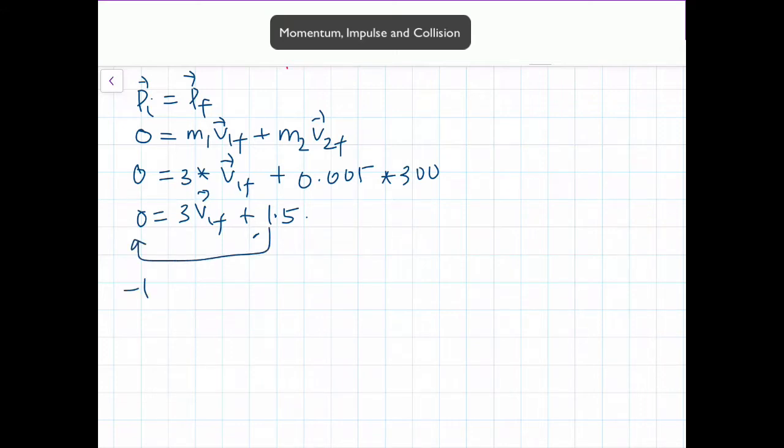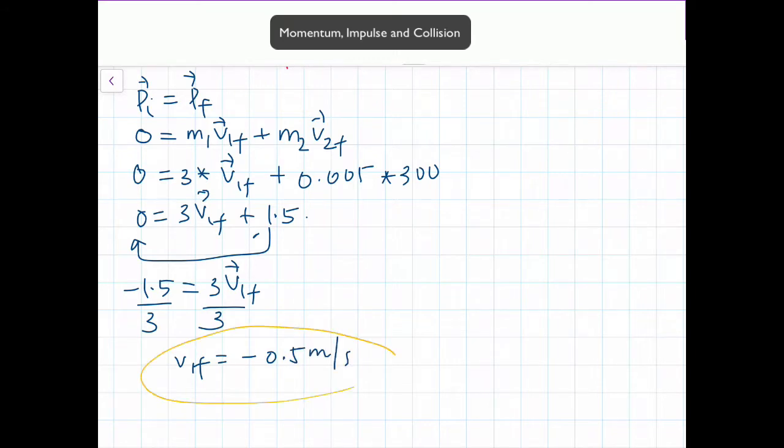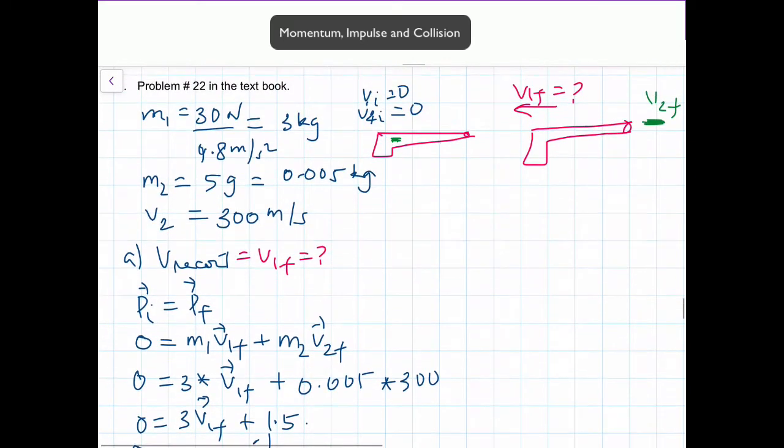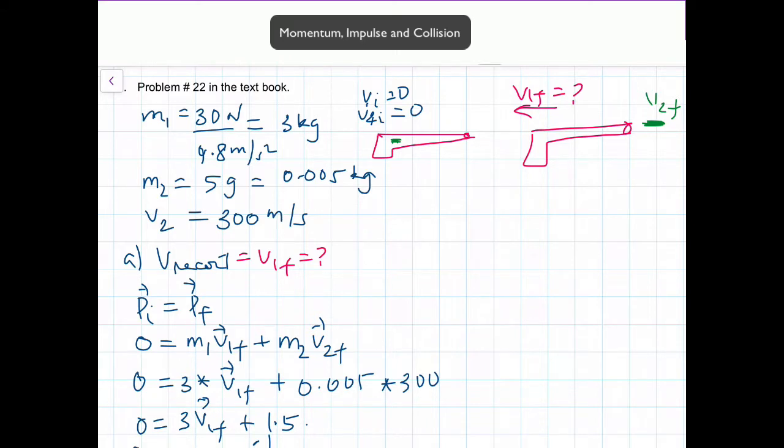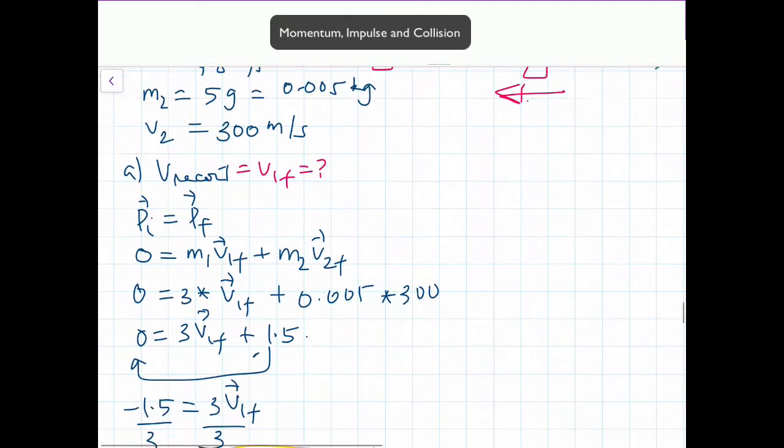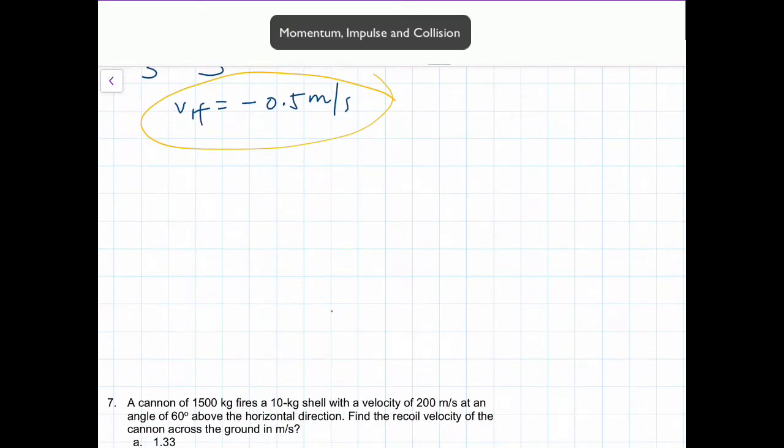As a result, it will be minus 1.5 equals 3 V1 final. Divide both sides by 3 to isolate V1 final. Then V1 final equals negative 0.5 meters per second. Everything is in SI units, so I'm not worried about unit conversion. The negative sign just tells you that when the bullet was moving to the right, the rifle moved to the left. One is moving to the left, the other one is moving to the right.